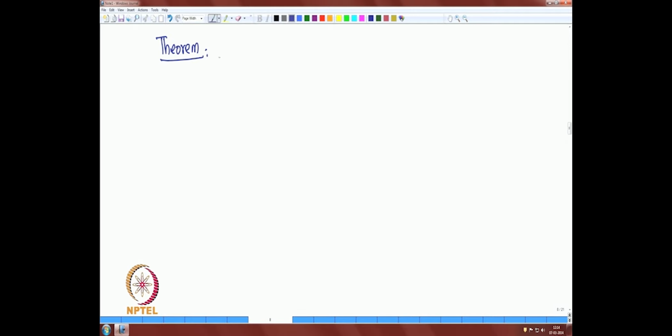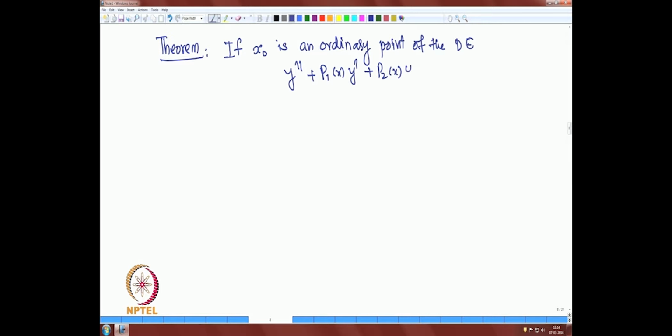Theorem says: if x0 is an ordinary point of the differential equation, call it y double prime plus p1(x) y prime plus p2(x) y is equal to 0.